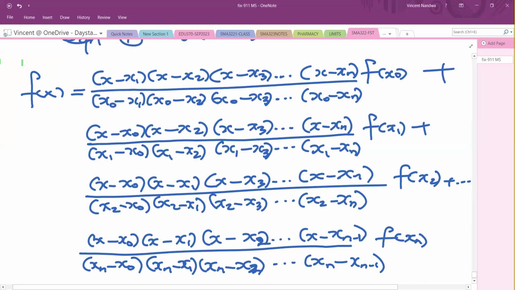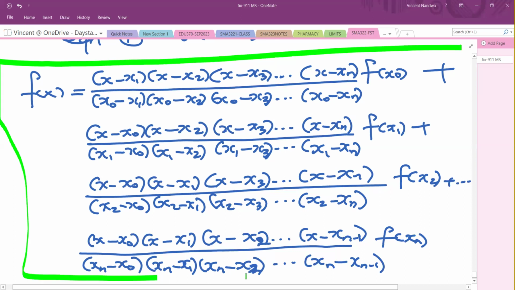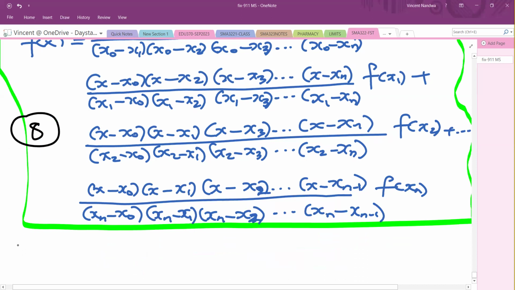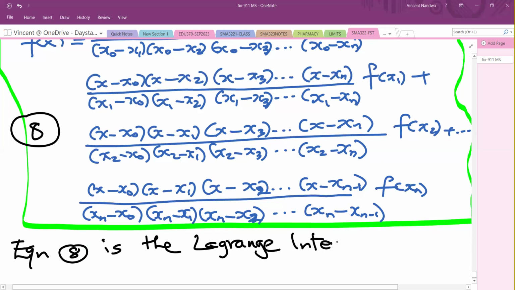So this is what we call the Lagrange interpolation formula. So if we call it h, this is equation 8. So equation 8 is what we call the Lagrange interpolation formula.